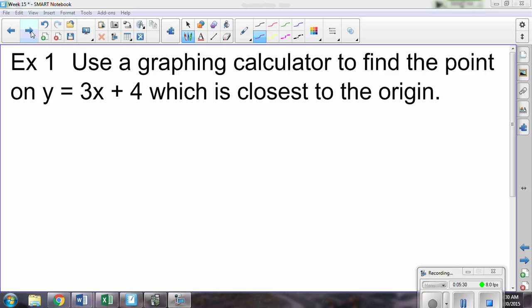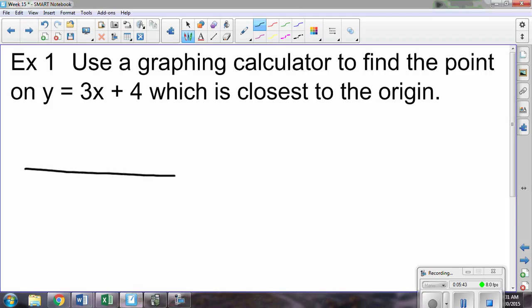Get your graphing calculators out. We want to find the point on y equals 3x plus 4, which is closest to the origin. So, understanding what this is telling us, we would have the point, the graph, 1, 2, 3, 4.